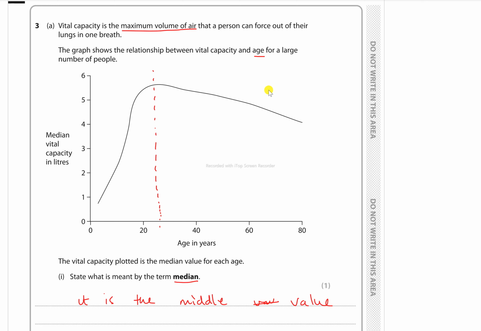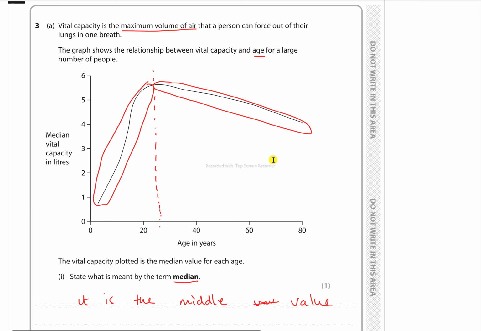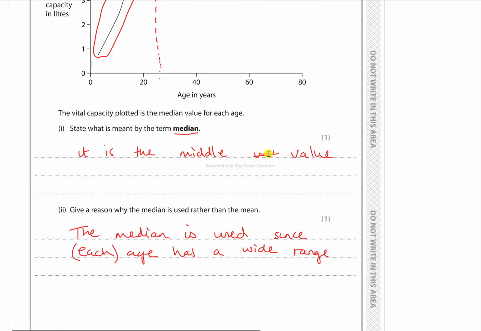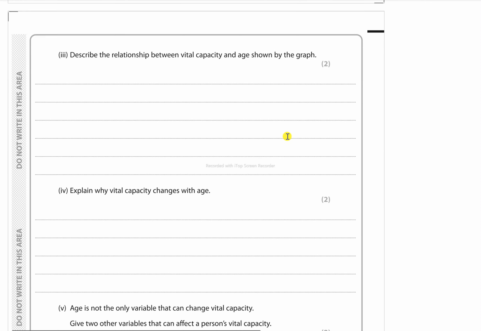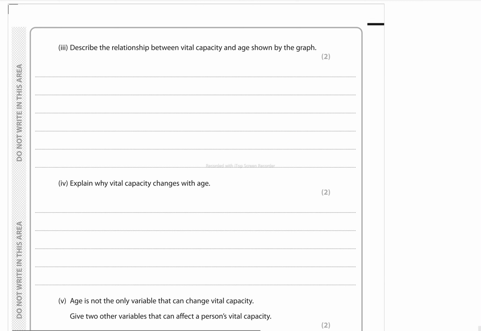So you've got a rapid change in the first 25 years, and then over the next 55 years it goes down gradually. Now we need to put that in words.